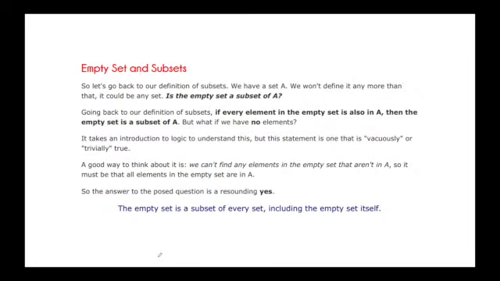Nice. All right. So empty sets and subsets. The empty set is a subset of every set, including the empty set itself. So the empty set is a subset of itself, which means that it's an improper subset of itself.